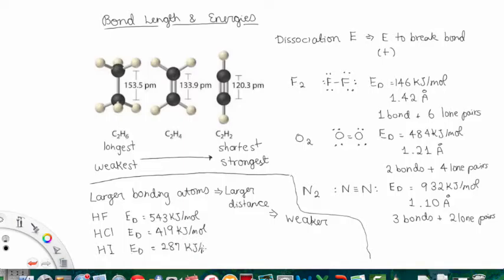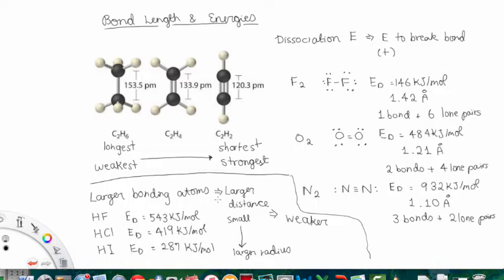The trend I wanted to show you is that when going from a small radius to a larger radius, and if you go back to the trends in atomic size, going from fluorine down to chlorine and then iodine, the radius keeps increasing. And the larger the radius, the more the dissociation energies decrease because you have weaker interactions.